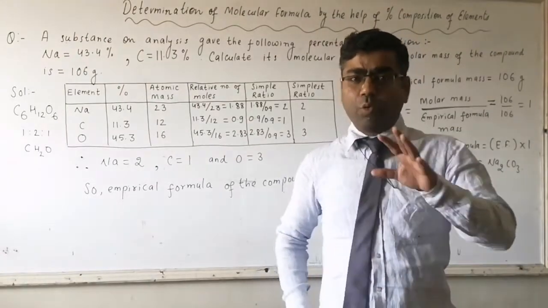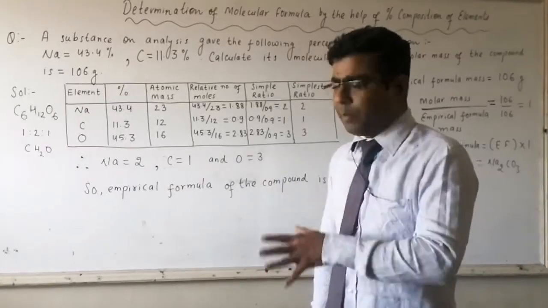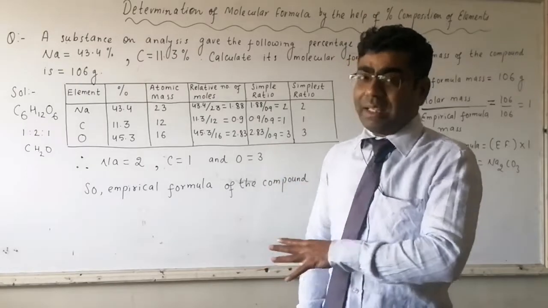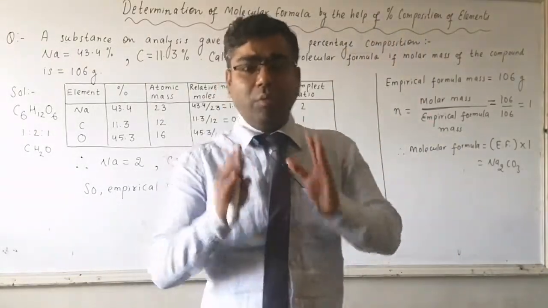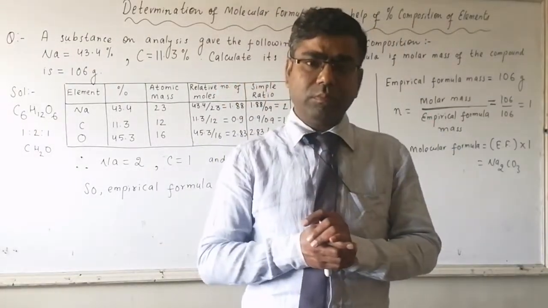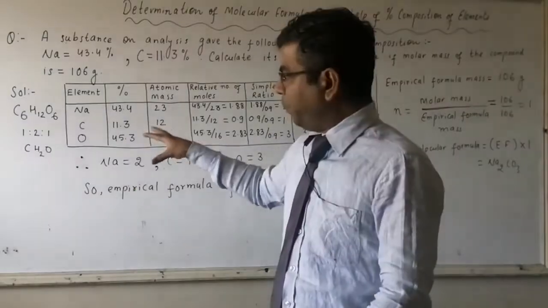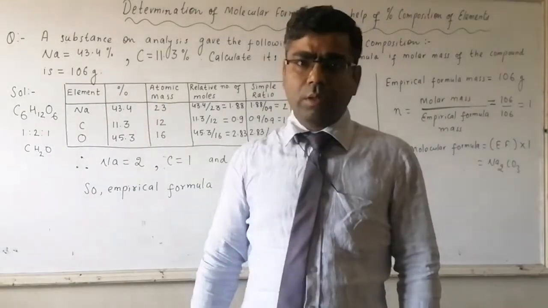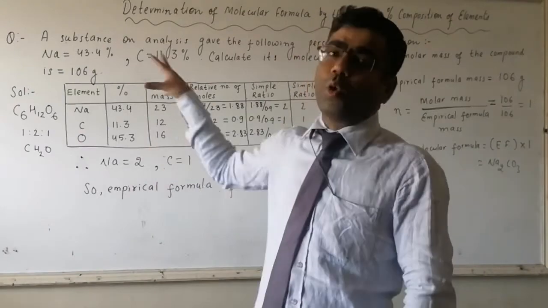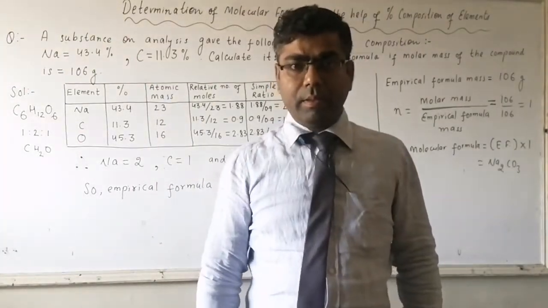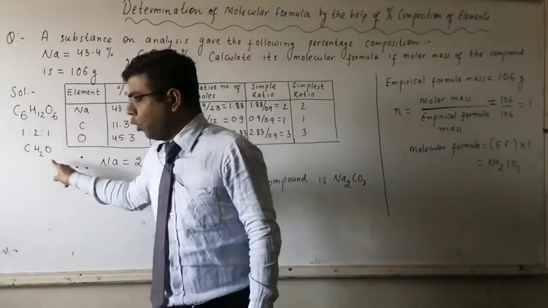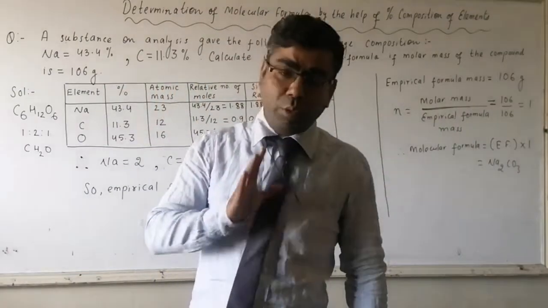This is the simplest whole number ratio of carbon with respect to hydrogen and oxygen in the glucose molecule. The ratio is 1:2:1. So this is the simplest whole number ratio of the atoms present in the glucose molecule. So CH2O is your empirical formula.